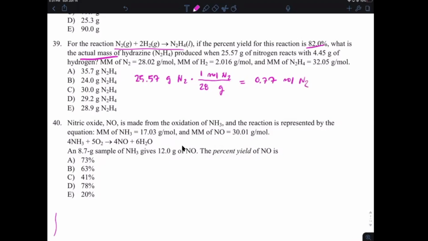And then what else? 4.45 grams of hydrogen. Okay, cool. So let's convert this to moles. It's around 2.016.